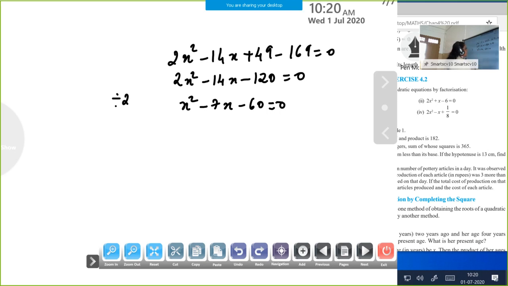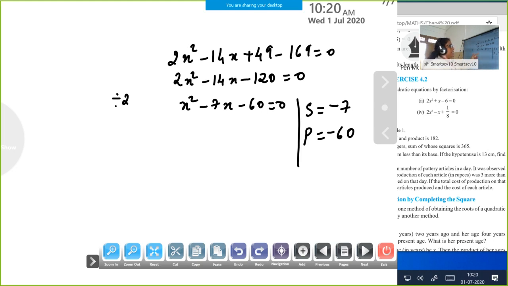Then split the middle term. The sum is equal to minus 7 and the product is equal to minus 60. The product is minus 60, which means one is positive and the other is negative.